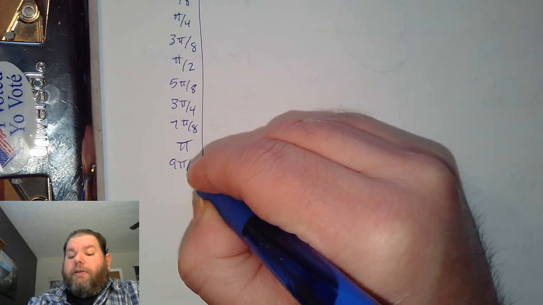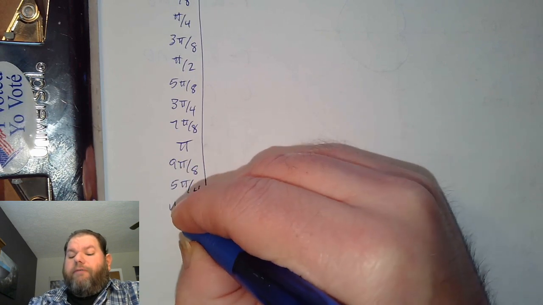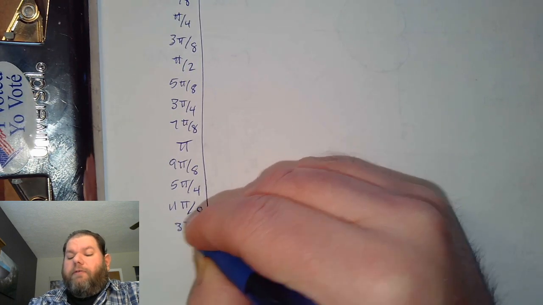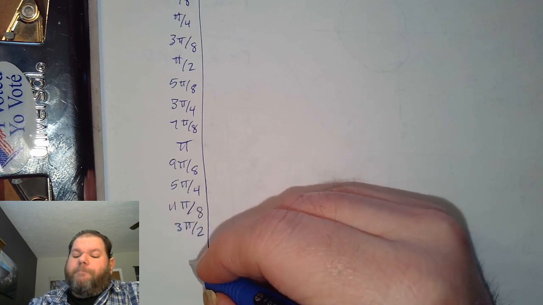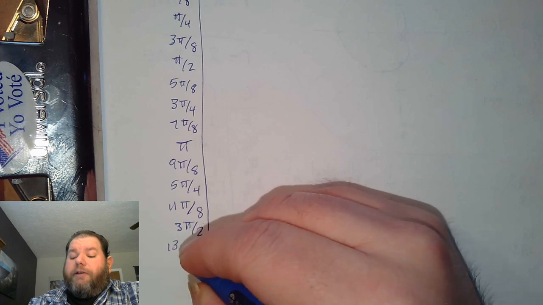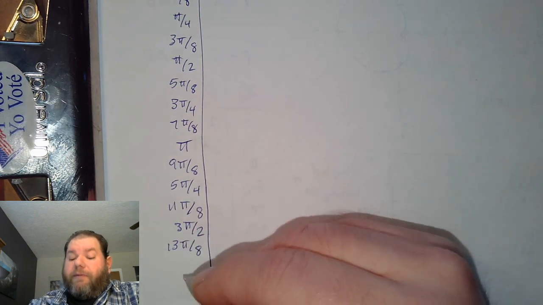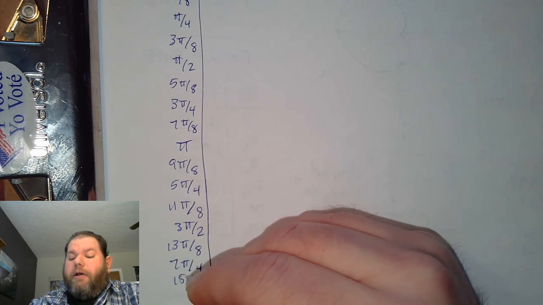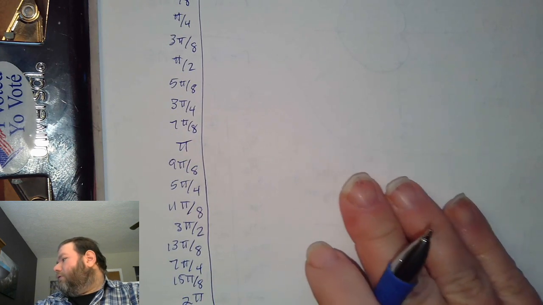9 pi over 8, 5 pi over 4, 11 pi over 8, 3 pi over 2, 13 pi over 8, 14 pi over 8, 7 pi over 4, 15 pi over 8, and then finally 2 pi.